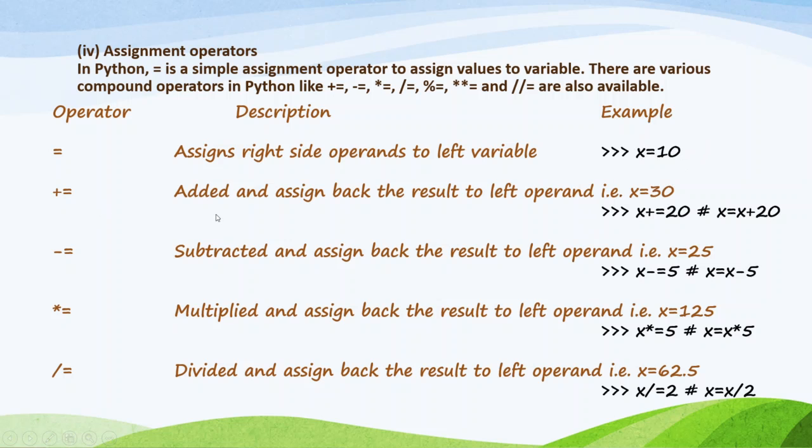Plus equal to adds and assigns back the result to the left operand, that is x equal to 30. So x plus equal to 20 means x equal to x plus 20. Since the value of x is 30, it will store 50 in x.